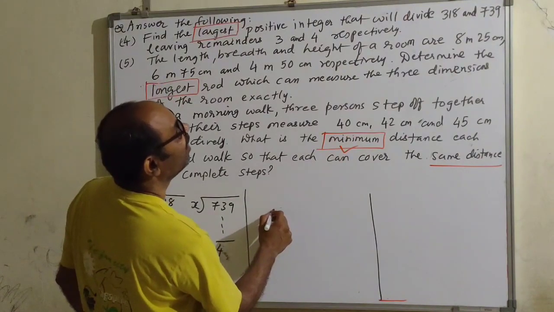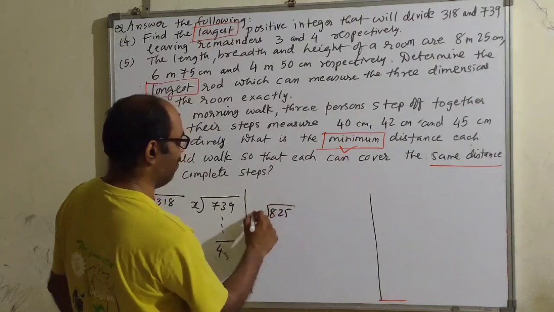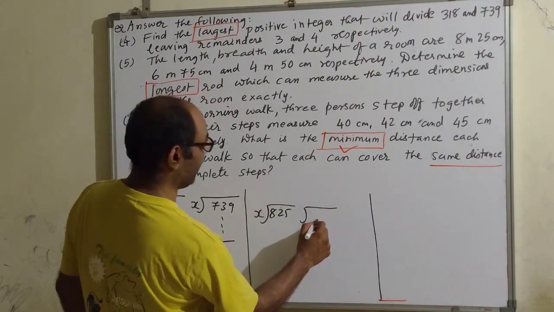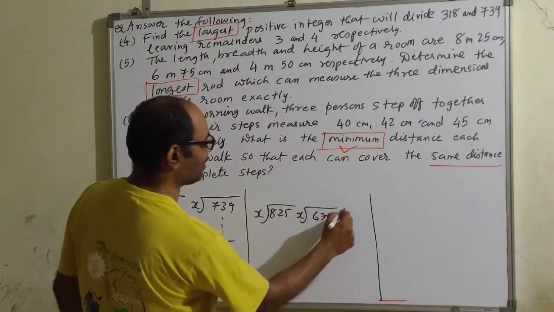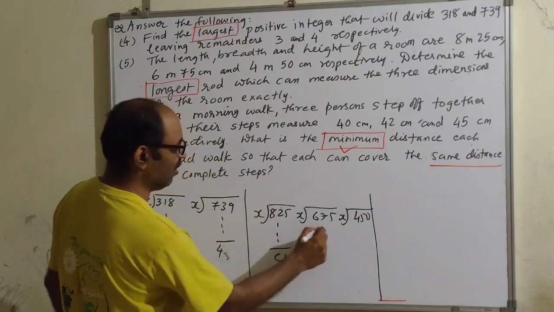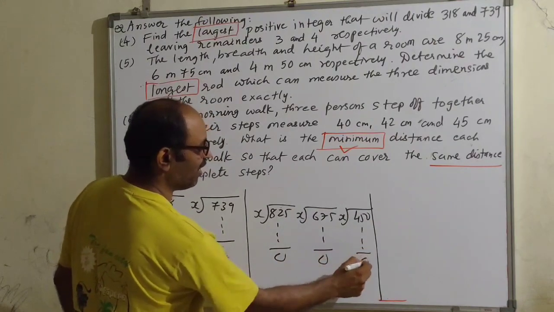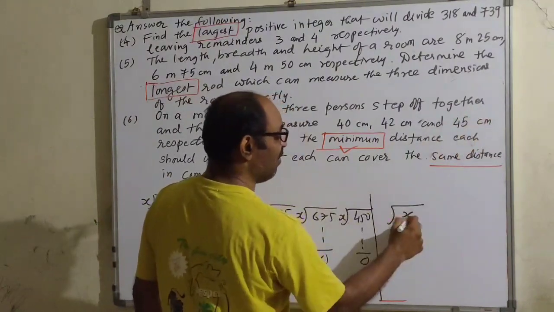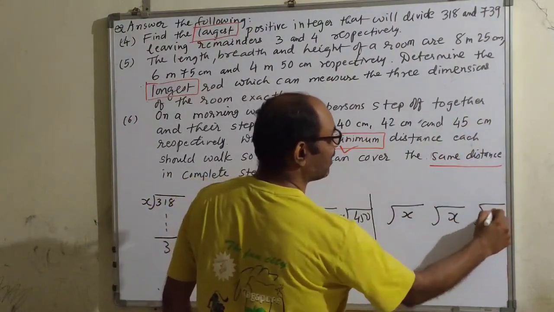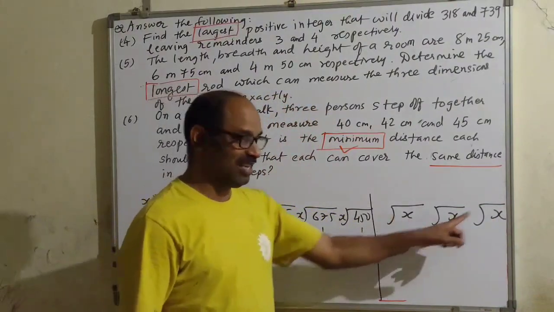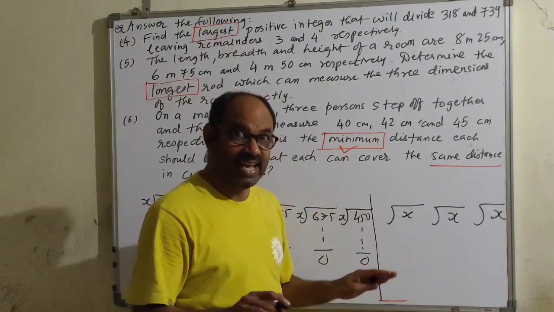Here, 825 divided by X, then 675 divided by X and 450 divided by X. Remainder 0, remainder 0, remainder 0. And in this case, the distance traveled by all three is X, equal distance X.